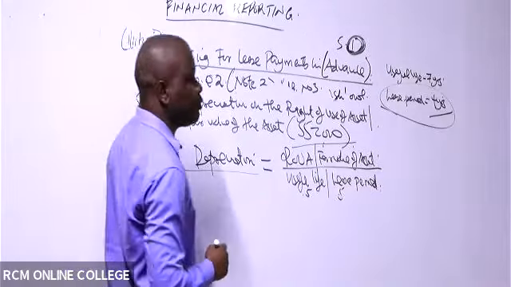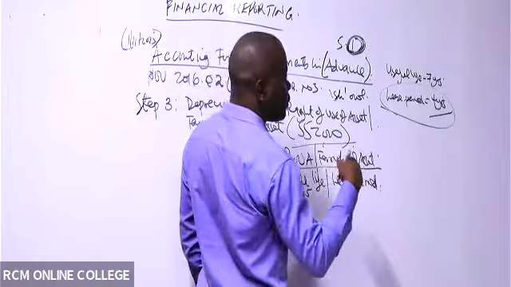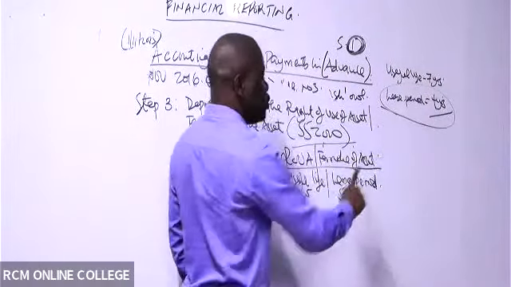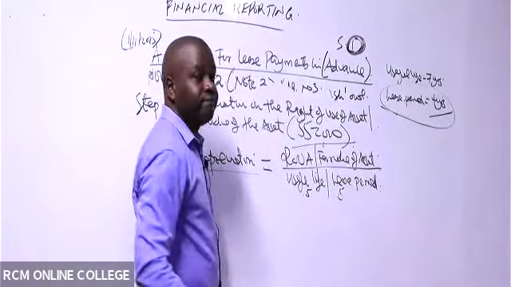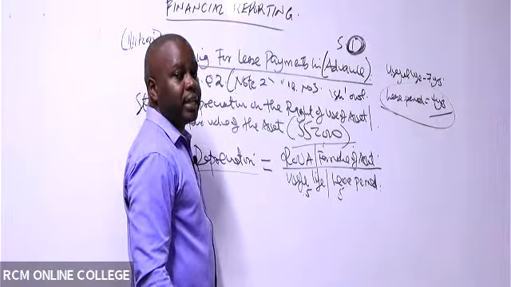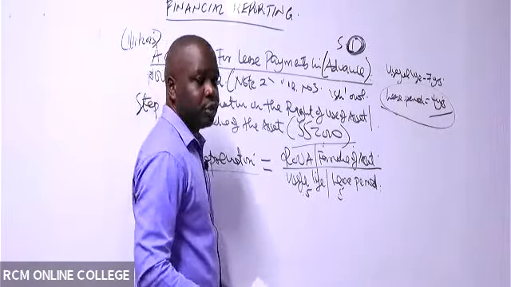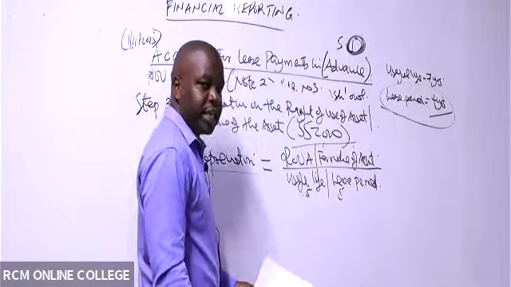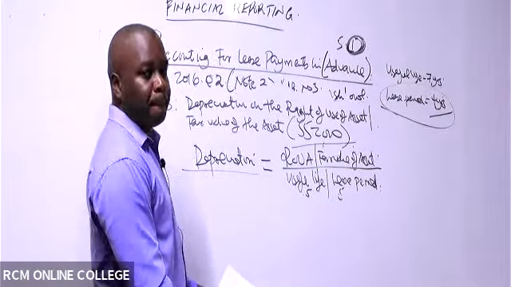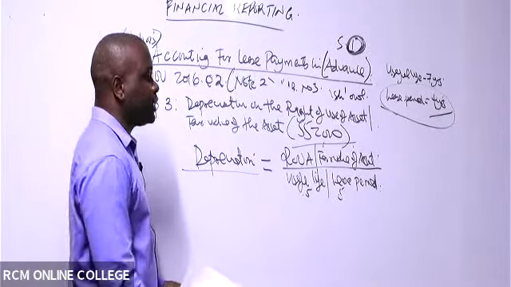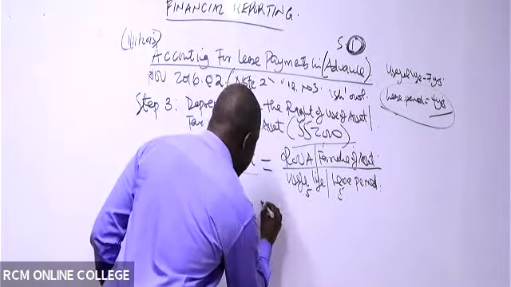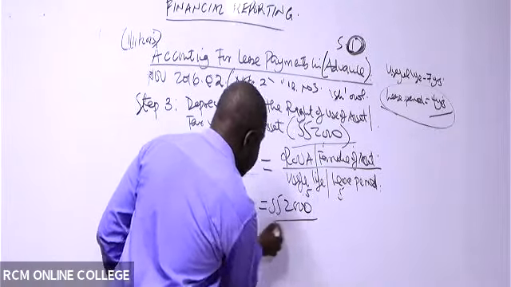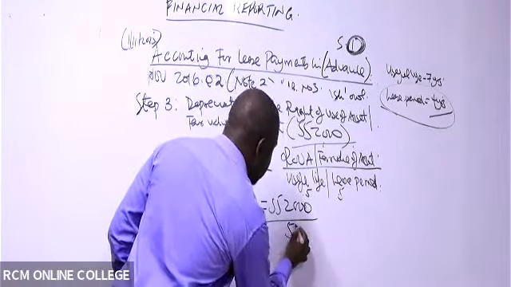So if it happens that the question told us the useful life of this plant item is 7 years and the lease period is 4 years, we would have taken the lease period. But in most of the questions, you realize that the useful life will be similar to the lease period. Like in our question here, it is the same. And then we'll just say the depreciation here will be 552,000 divided by 5.